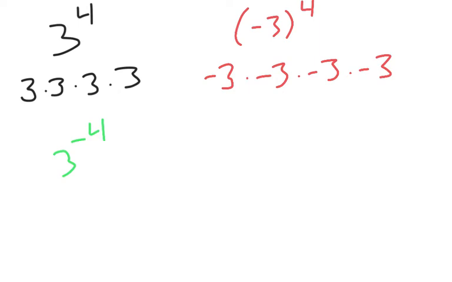Say this is 3 to the negative 4th. Well, this is understood to be over 1. I can put any number over 1 and make it a fraction. I can send a power from the numerator to the denominator, and it will change the sign of the exponent. So this would be 1 over 3 to the positive 4th.